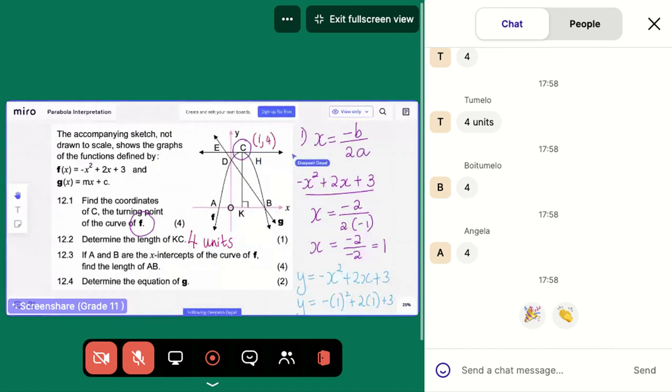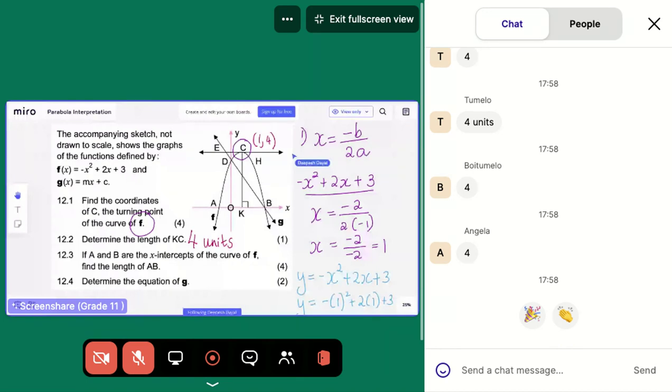The next one says, if A and B are the x-intercepts of curve F, find the length of AB. So we've got A and we've got B, and they want us to find the length of AB. So how are we going to find AB?